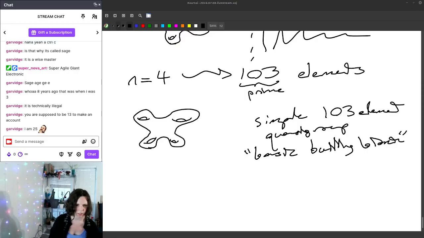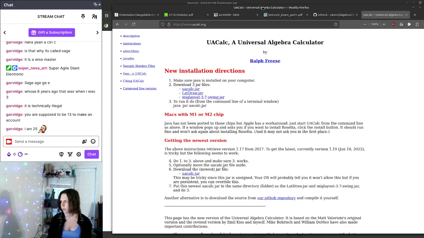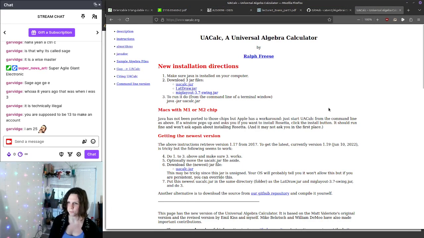So there's this calculator. That is good for studying a lot of these different things that you'd like to know about algebraic structures in the universal algebra sense. Let's see. Okay, I found the website. Okay, so back in the day, Ralph Freese wrote the universal algebra calculator in Java.